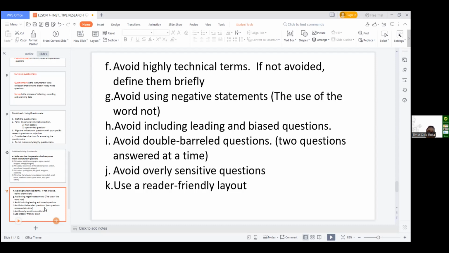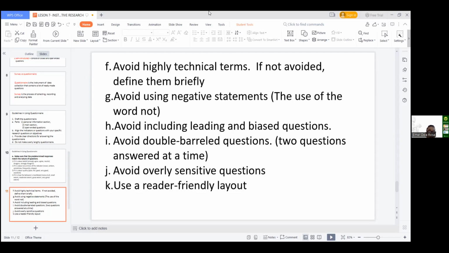Avoid leading and biased questions. So pag sinabing leading, parang gusto mo nang sabihin na ito ang sagot niya, or biased questions, may pinapaboran na response. Ito, madalas itong nakukumit, yung avoid double-barreled questions. There are 2 questions answered at a time. Nakalagay halimbawa ay, I like doing my math class and attending my science class regularly.